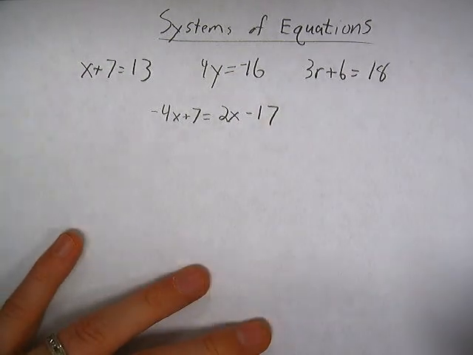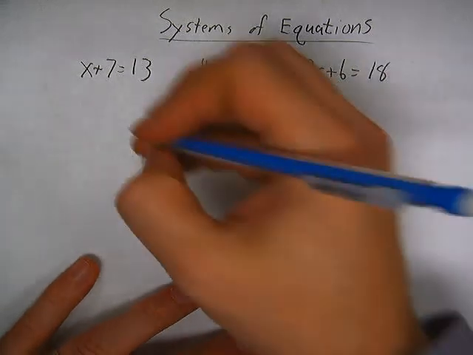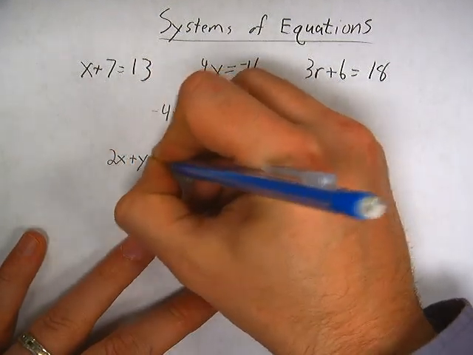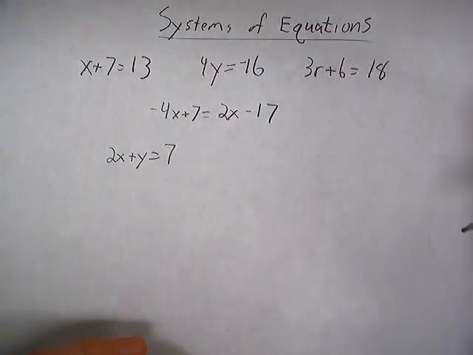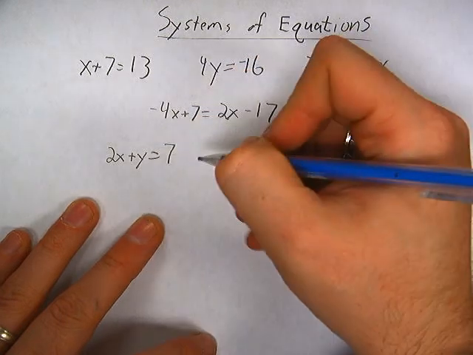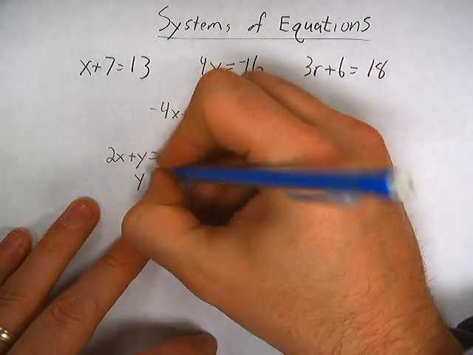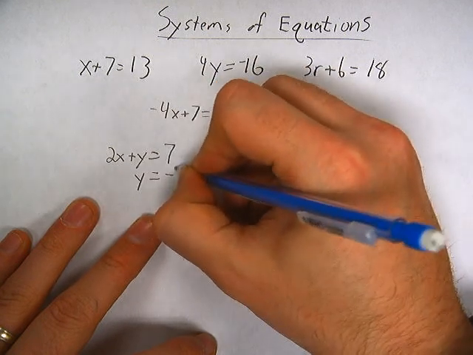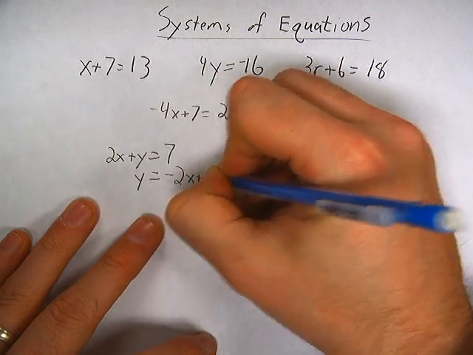Now, you also may have done something like this, where you had 2x plus y is equal to 7, and you would have tried to graph that problem. Before you graphed it, you needed y by itself, so you transposed the 2x, and y equals negative 2x plus 7.